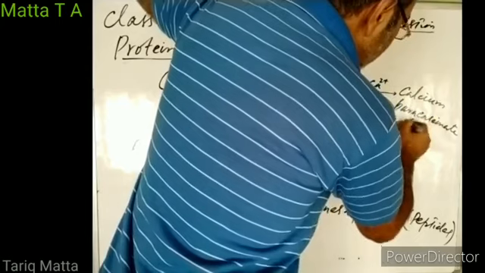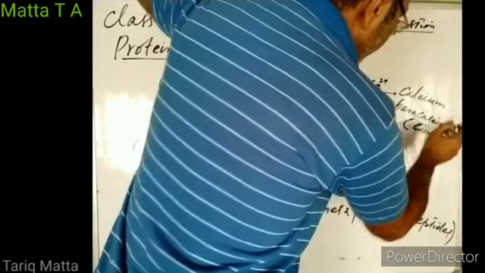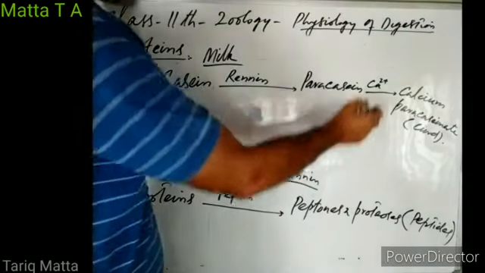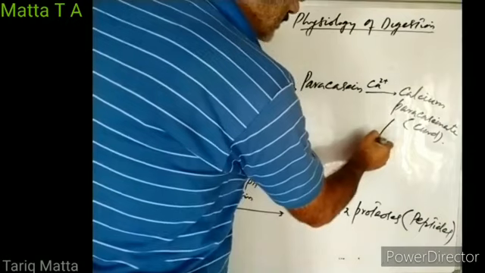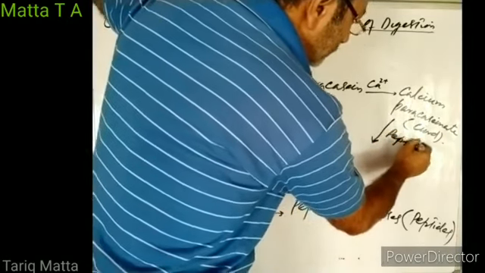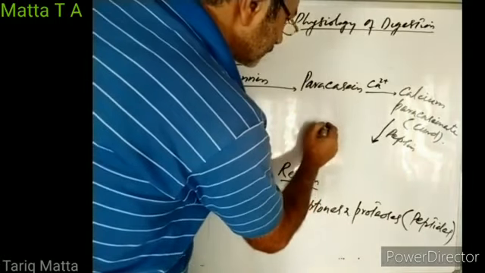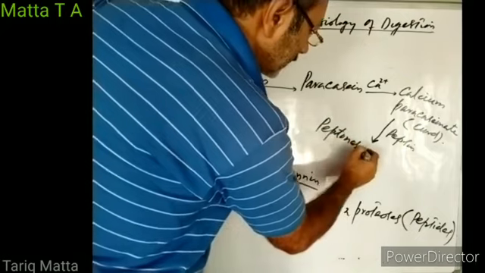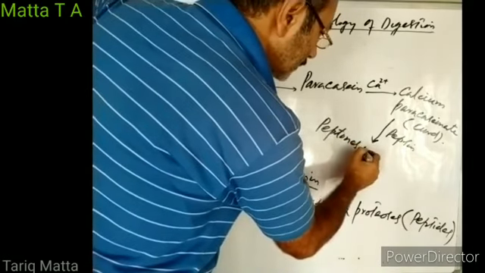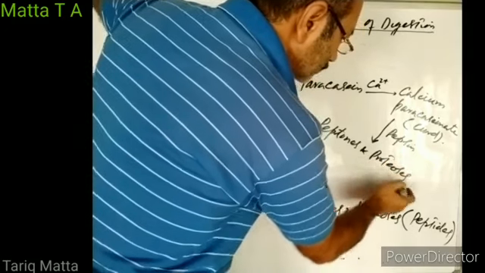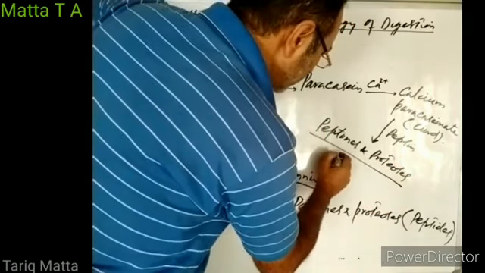That calcium paracasein is also known as curd. So it changes into curd, right? Then this calcium paracasein is acted upon by pepsin, and pepsin breaks it into peptones and proteoses. So they are changed into peptides.